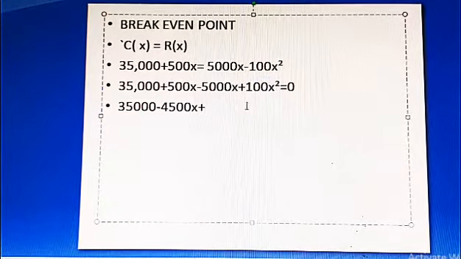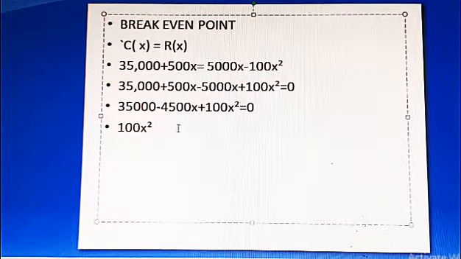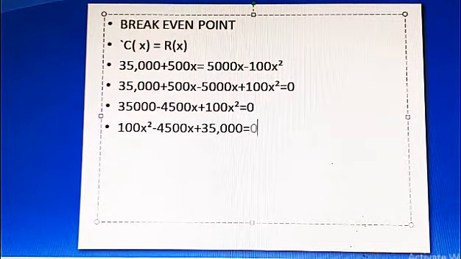So what kind of equation it is? It is a quadratic equation. Okay, because the highest power is 2. So I will just arrange this to make it to the standard form. Ax square plus bx. Okay, bx here is minus 4500x. Okay, plus 35,000. Correct? All are divisible by 100. Okay, we'll divide by 100 throughout.